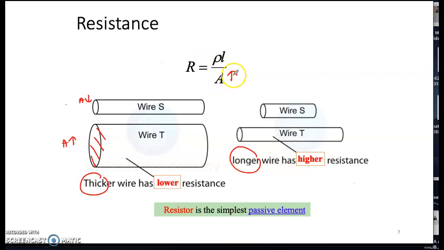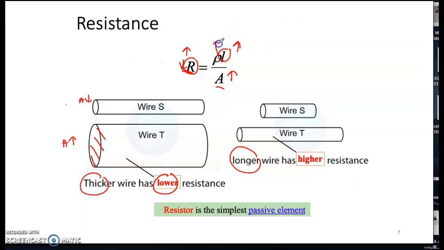If the area increases, the resistance will be smaller, so that's why here we have a lower resistance. Now, what is the relation between the long and the short wire? R and L are proportional, so the longer the wire, the higher the resistance. So this is the relation between the resistivity, the area and the length.